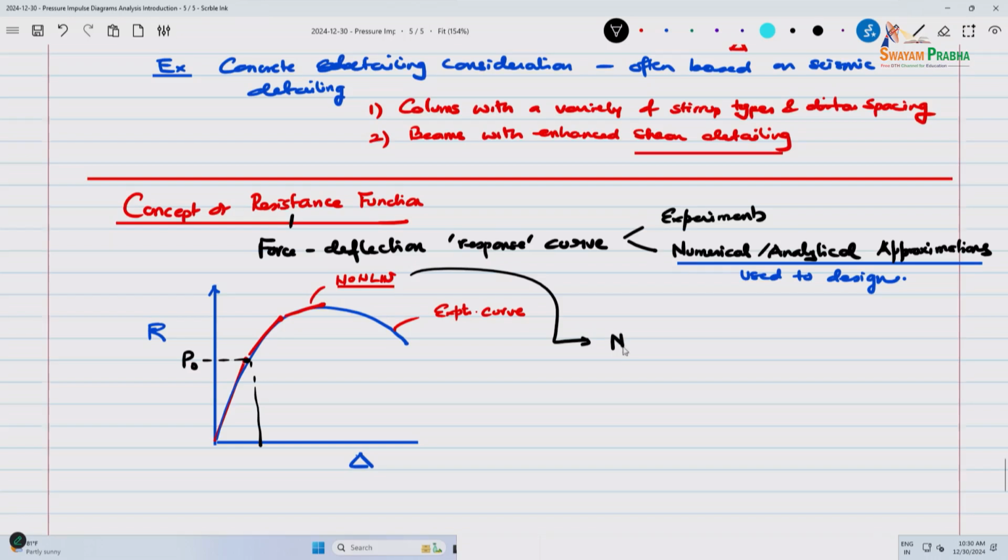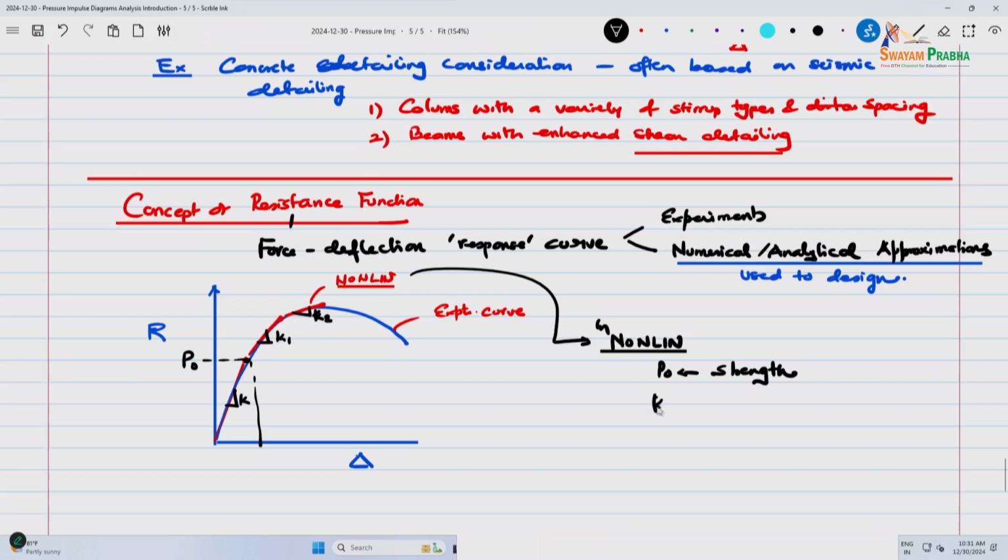In non-lin, P naught is the strength. We'll call it the strength, and we'll see how to calculate the strength with a variety of examples. And K1 and K2, so this is your initial stiffness K, K1, K2.